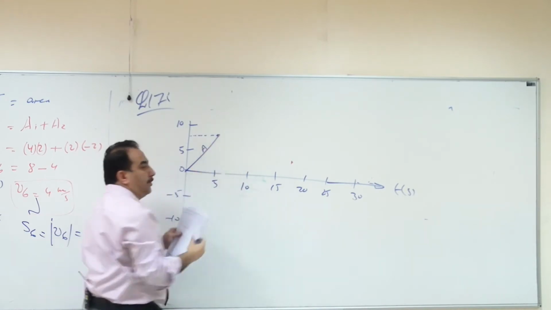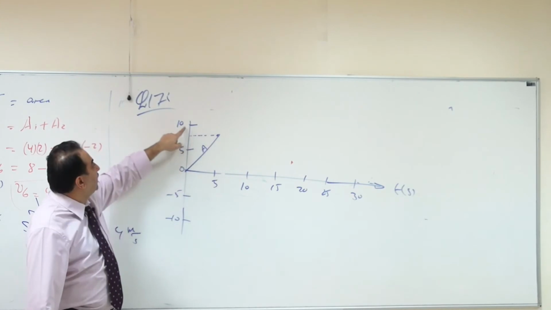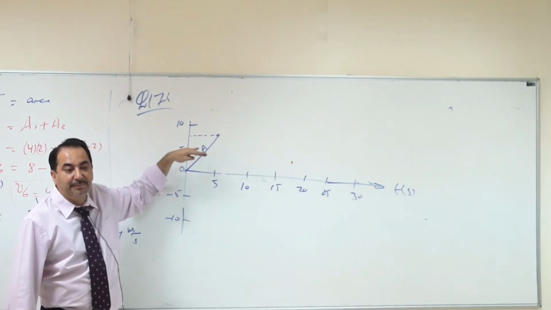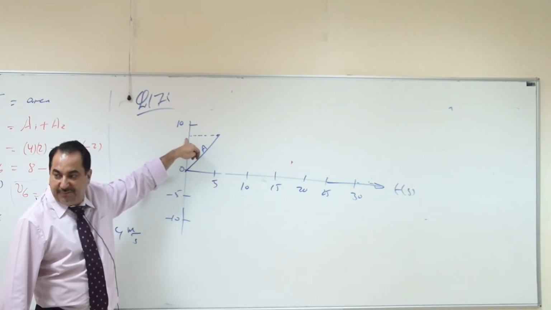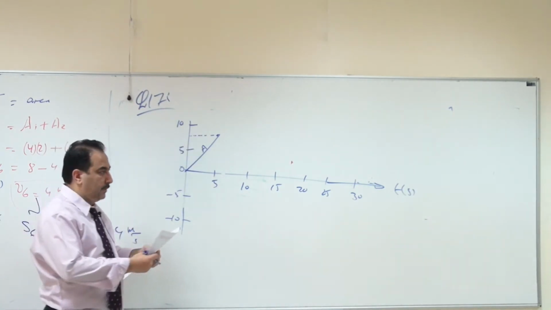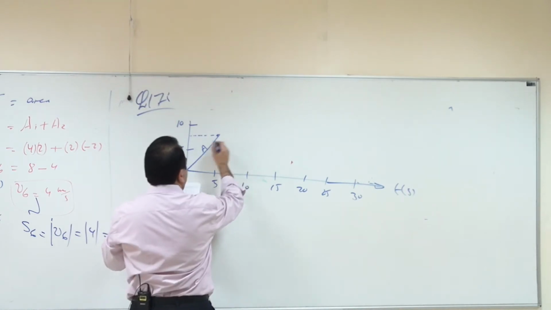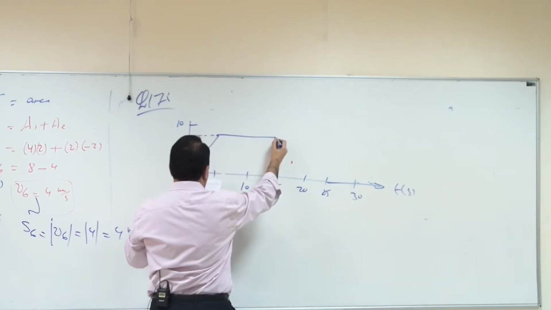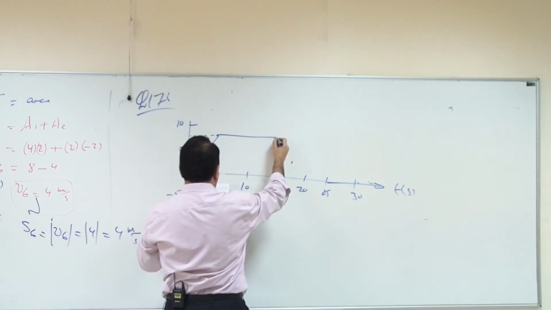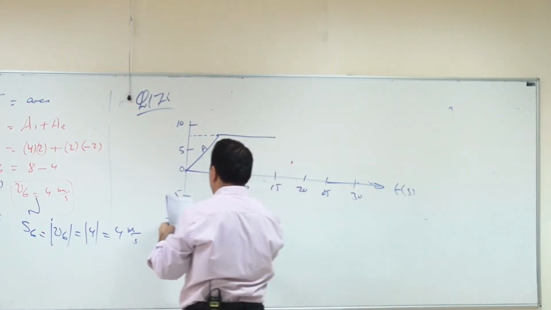This is part A. Look here, this corner. Part A, this is not at 10, not at 5, in between. So in between means 7.5. Then straight up to 15. When you reach 15, you go down up to minus 10.